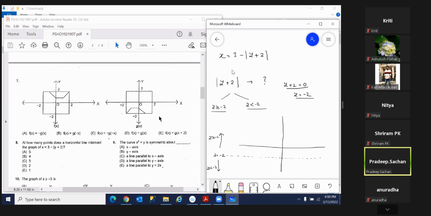This point will be 2 comma minus 2, and this point will be 0 comma 1. Something like this will be my graph of this function.